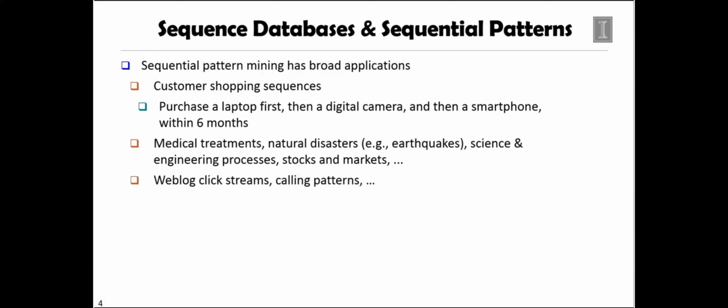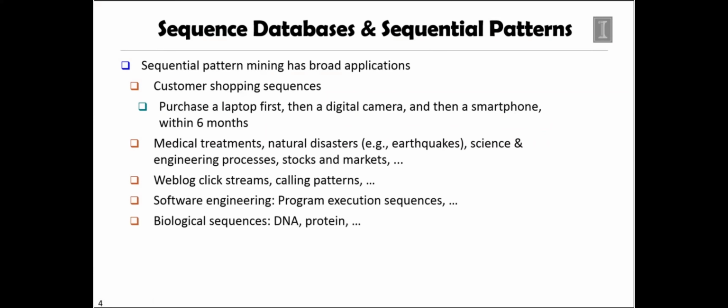Weblog click streams, calling patterns for telephone, and other things form sequences. Even in software engineering, program execution forms sequential patterns. Biological sequences, like DNA sequences and protein sequences, are very useful for analysis. So trying to get sequential patterns out of those vast applications could be very useful and important.